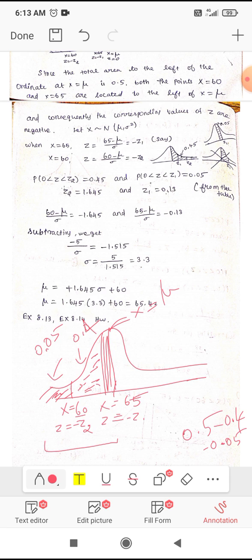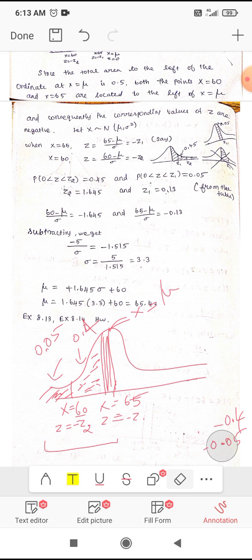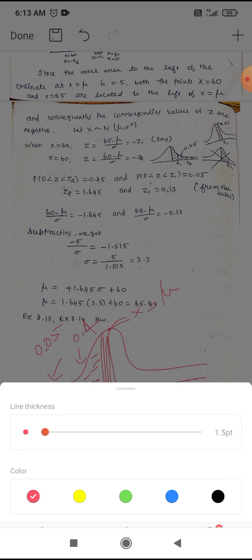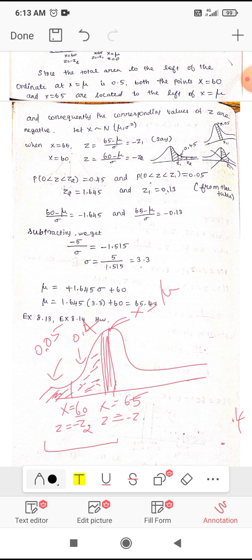This value is nothing but 0.05. So this value is 0.4 and this value is 0.05.